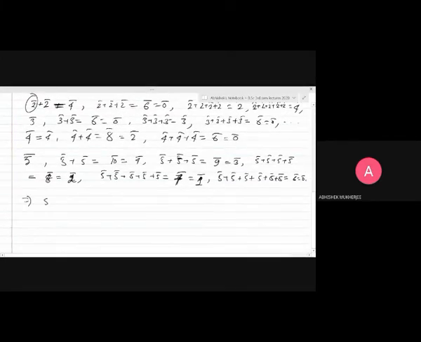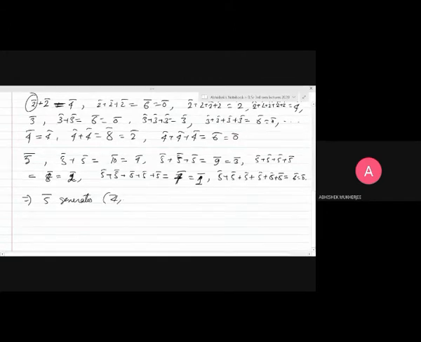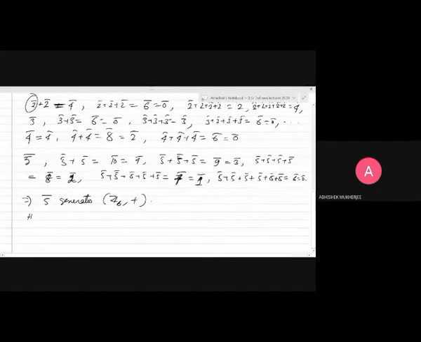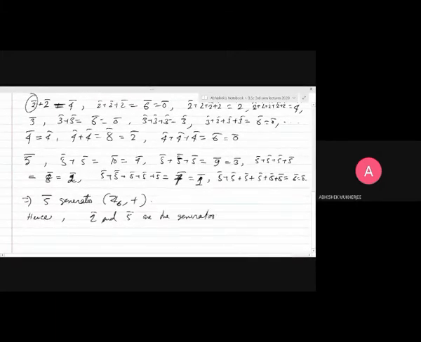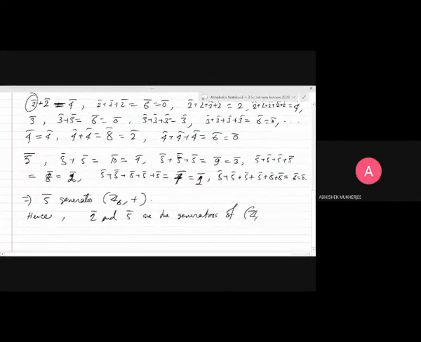So this implies 5 plus generates Z6 plus. So hence 1 plus and 5 plus are the generators of Z6 plus. Fine. Now if you look at these generators, you will find an interesting feature of these elements with respect to this 6.